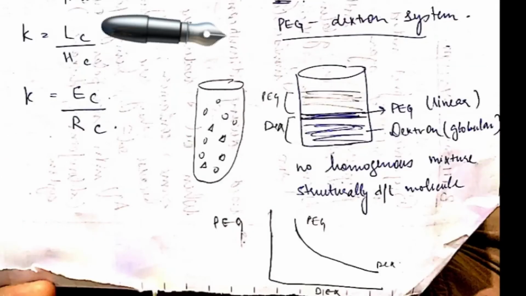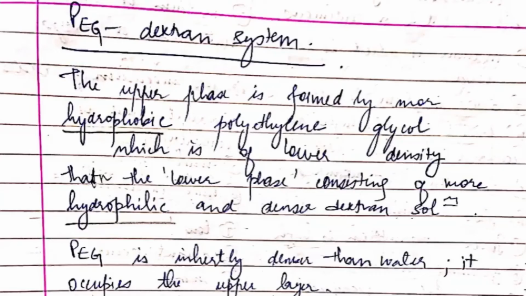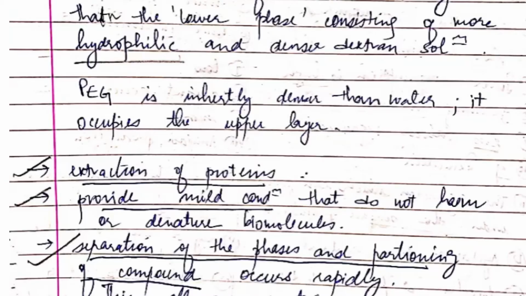In this, the upper phase is formed by more hydrophobic polyethylene glycol, which is of lower density, than the lower phase consisting of more hydrophilic and dense dextran solution. PEG is inherently less dense than water. That is the reason it occupies the upper layer. It is useful in extraction of proteins.